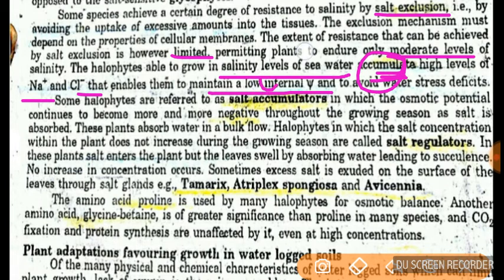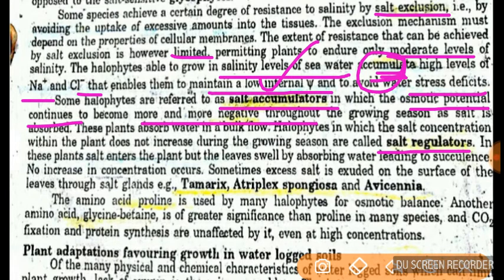This is very important. Again, they are making the osmotic potential very low to avoid water stress deficits. So that is why they are called salt accumulators. And their osmotic potential continues to be more and more negative. Okay, so they are also called salt regulators.